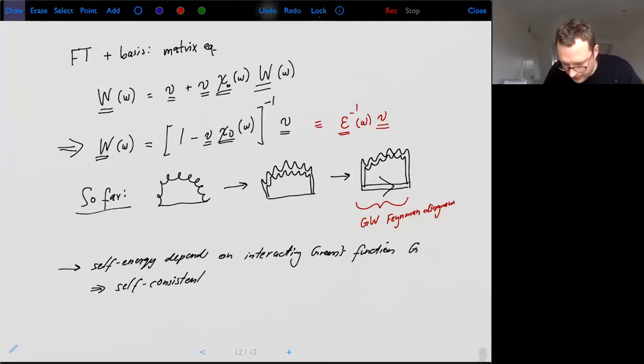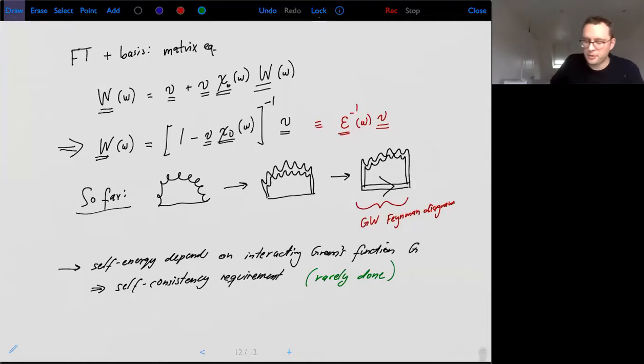Self-consistency requirement. But let me also say immediately that in practice, this is quite rarely done. So in principle, you need to solve the Dyson equation self-consistently. In practice, this is very rarely done.